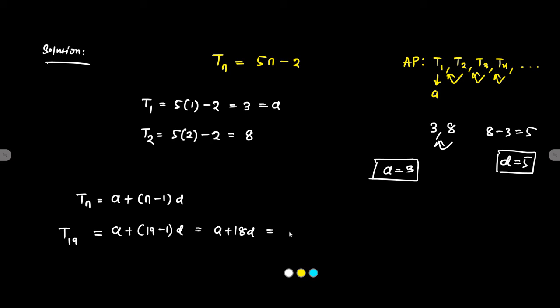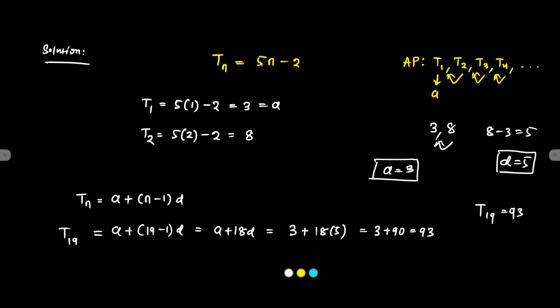So A is equal to 3 plus 18 into 5. So 18 into 5 is how much? 90. So 3 plus 90 is equal to 93. That is the 19th term.